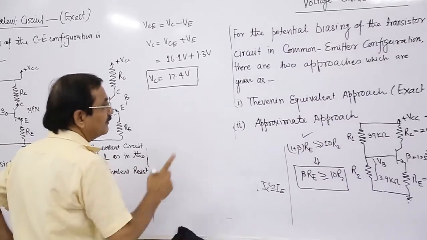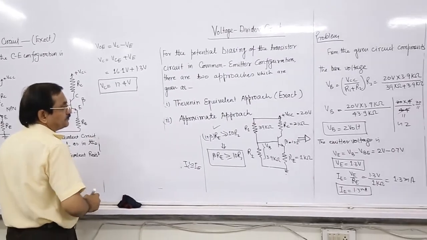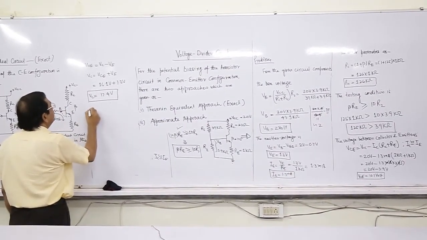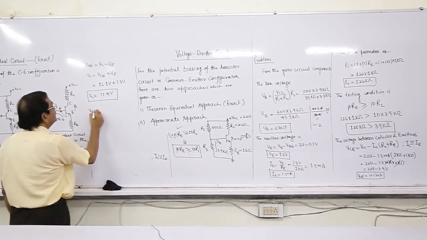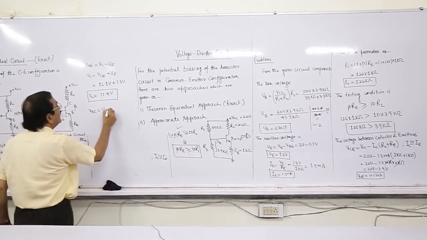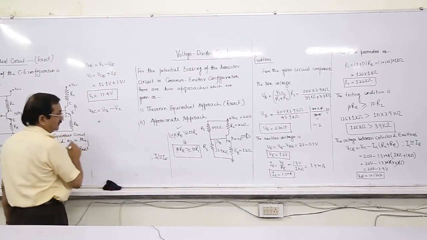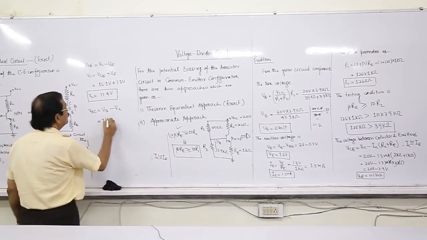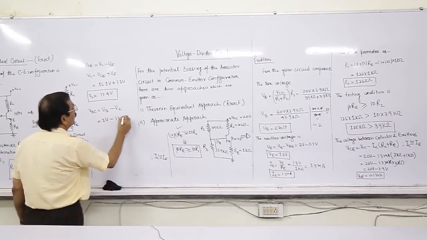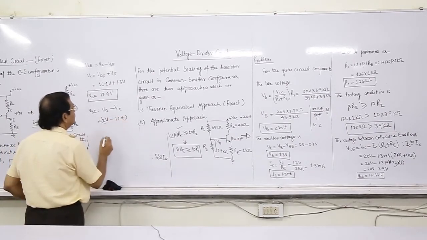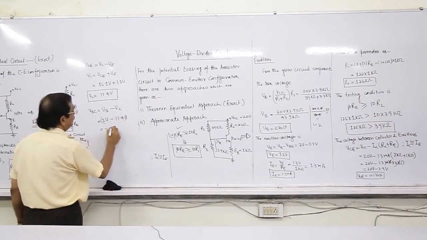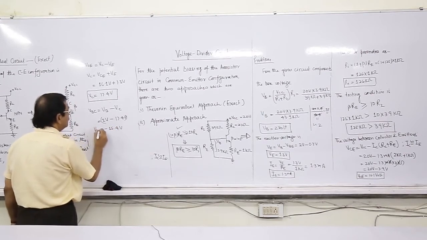And what about the VB from that particular value? That is VBC is VB minus VC. This VB voltage is 2 volt, 2 volt minus 17.4, so this is minus 15.4 volt, VBC.